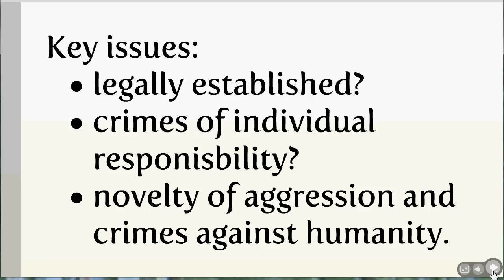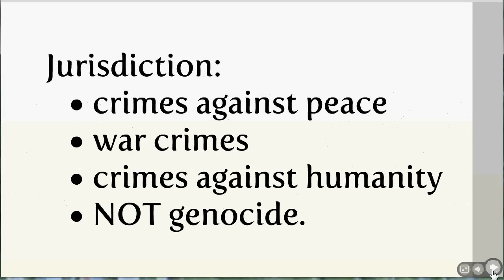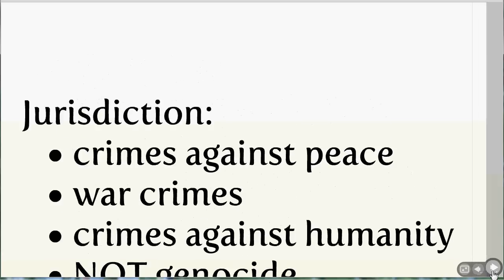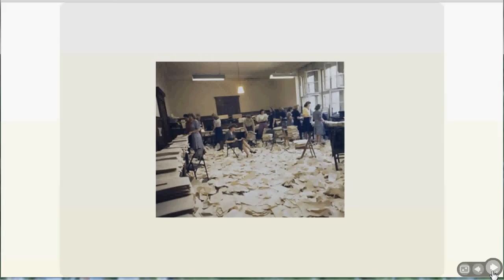It's also important to note that out of all the crimes within the jurisdiction of the Nuremberg Tribunal, genocide was not a crime prosecuted directly at Nuremberg. Also, one of the advantages Nuremberg had over later proceedings was the enormous documentary record left by the Nazis, and that's not something we always find in later trials.